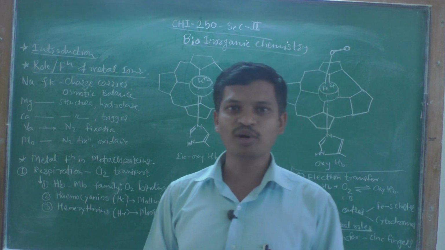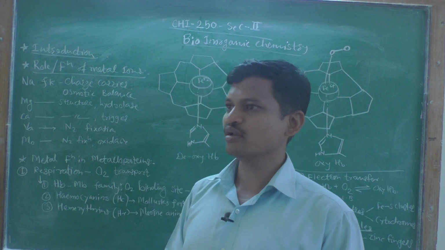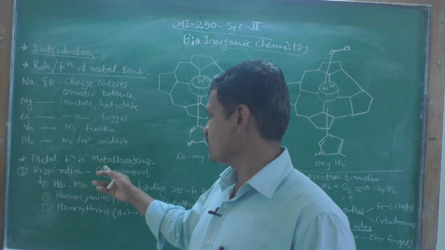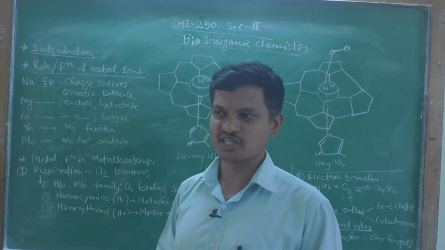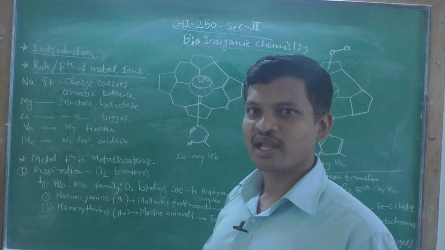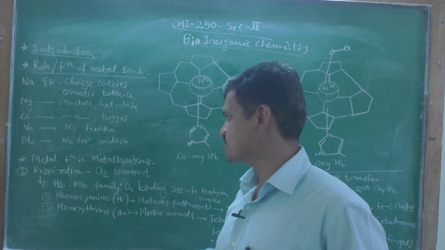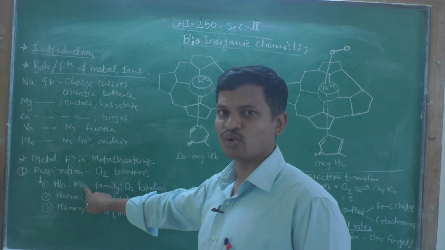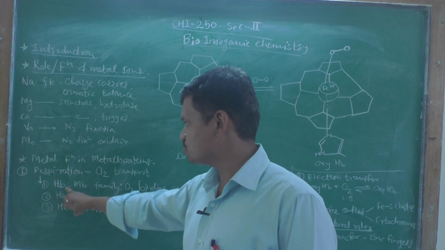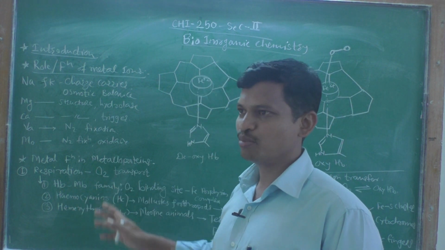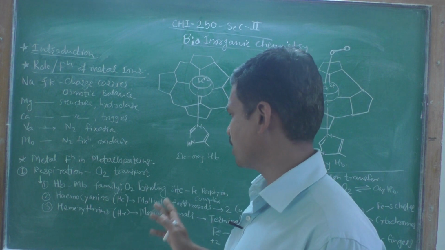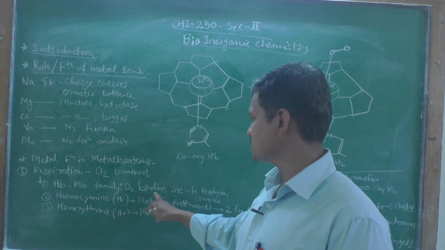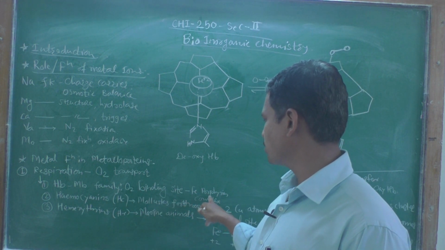For example, in human beings or in large animals, this dioxygen transport, that is the respiration process, is done by a metalloprotein family known as the hemoglobin and myoglobin family, in short the HbMb family. The oxygen binding site in the hemoglobin myoglobin family of proteins is the iron porphyrin complex.